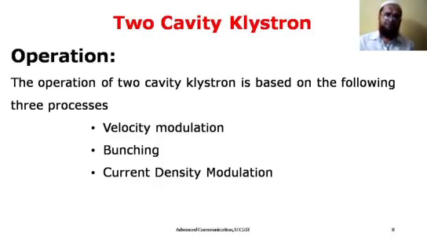First is velocity modulation, second is bunching, and third is current density modulation. I have come across velocity modulation, and I told you what it means and why it is called velocity modulation. The other two processes we are going to see through the operation.